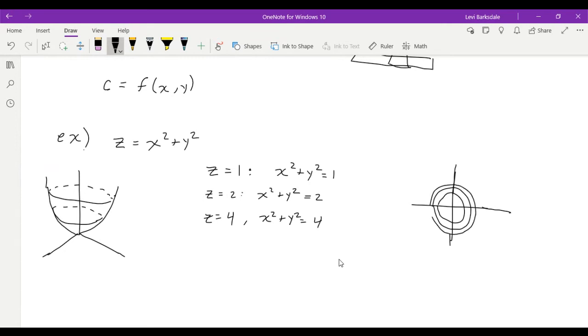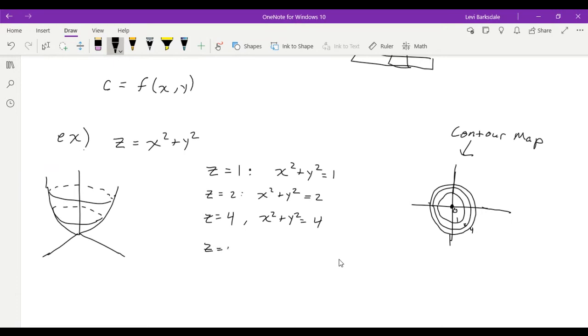And if you pay really close attention, you would actually notice that the circles get closer and closer to each other, which tells you that your function is getting steeper and steeper. And this plot of various level curves is called a contour map. And frequently you would want to label them with the heights. So this would be 1, 2, 4, etc.